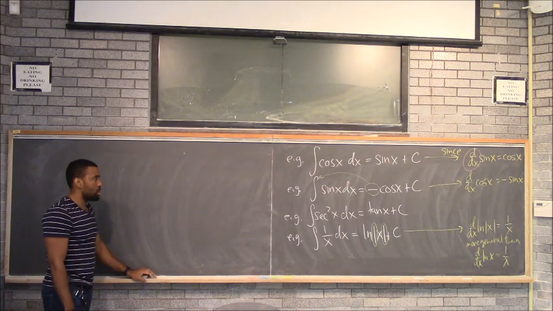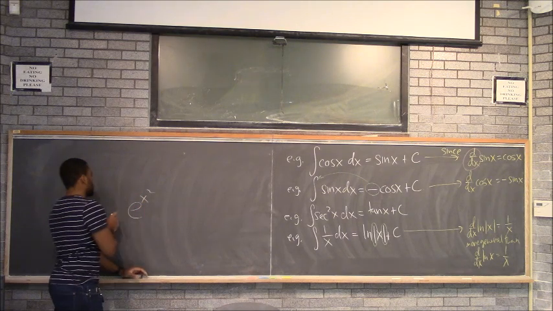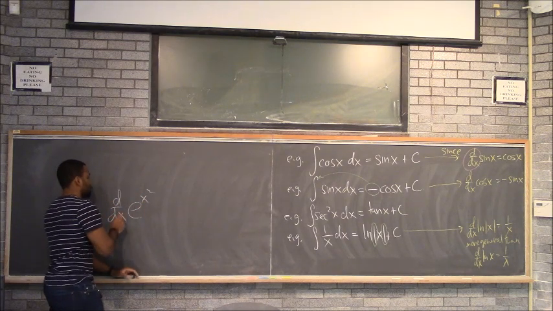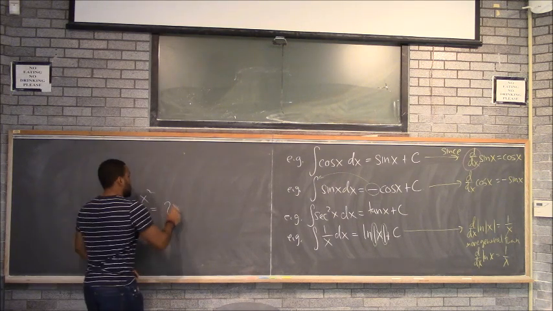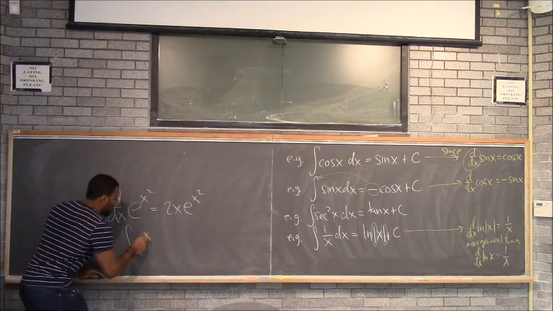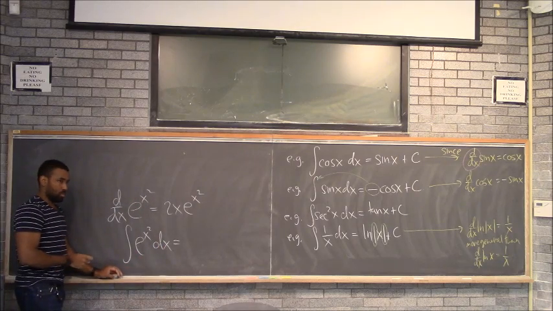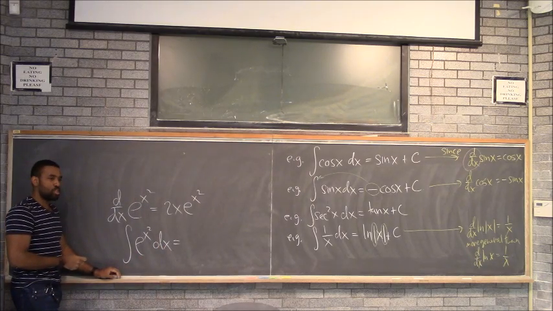And if I write down anything, you can think of a way to differentiate it, right? So if I ask you e to the x squared, what is the derivative of that? 2x e to the x squared. What is the antiderivative of e to the x squared? Think of a function that when you differentiate it, e to the x squared is the answer.